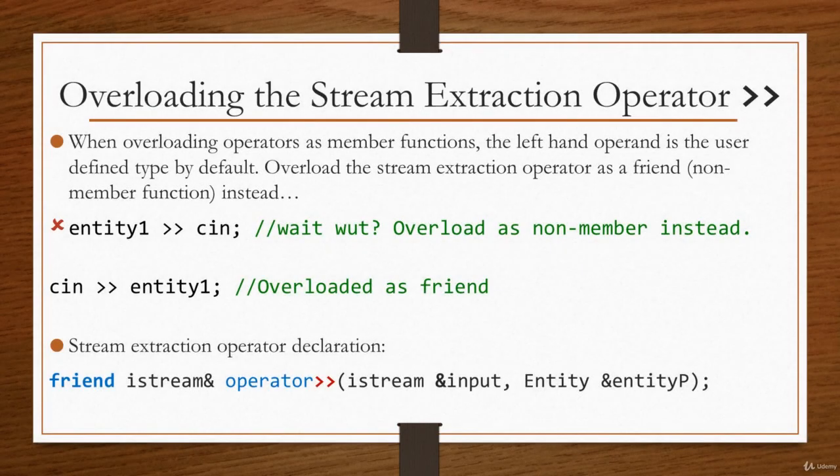With regards to the stream extraction operator, you can see that the declaration is going to be similar, but instead of returning a reference to ostream, this is going to return a reference to istream for input stream. As we've observed in the first subsection, this is going to take in the cin object, so the first parameter is going to be a reference to istream.